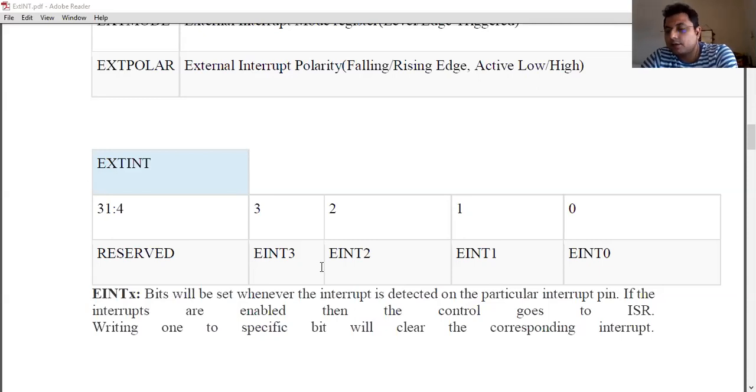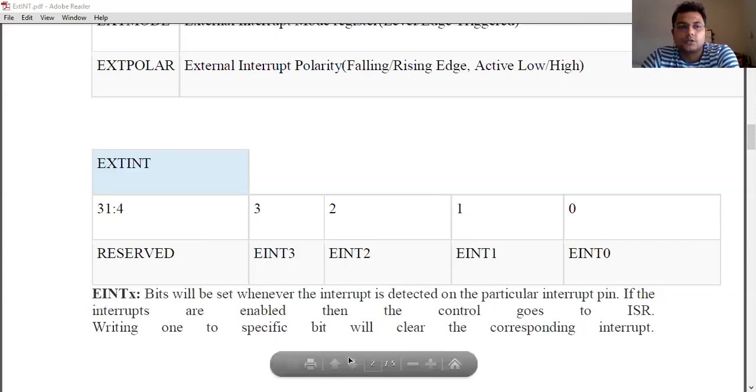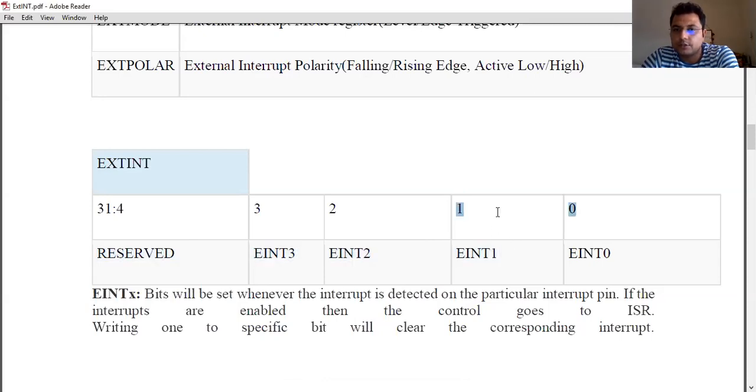As and when the system acknowledges any interrupt, the task of the system is to write 1 corresponding to that interrupt. So if over the interrupt 1 pin, suppose an interrupt occurs, the task of the system is to make this corresponding bit position 1. So this position will be 1 later on.